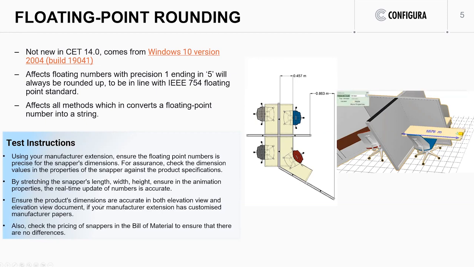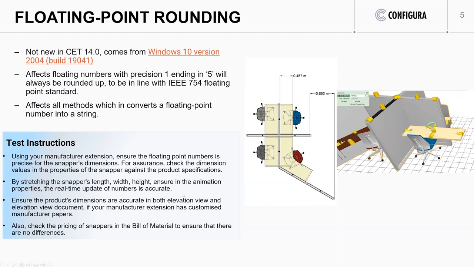Ensure that the product dimensions are accurate in both elevation view and elevation view document. I believe some manufacturer extensions have highly customized manufacturer pages, some of which have special elevation view documents, which describe the panel's elevations in a more detailed manner compared to what we have in the abstract.